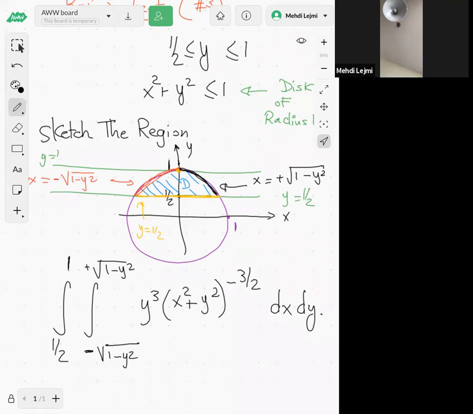Well, I would say here it's probably better to change the order of integration, or use polar coordinates. If you change the order of integration, then y is between half and 1.